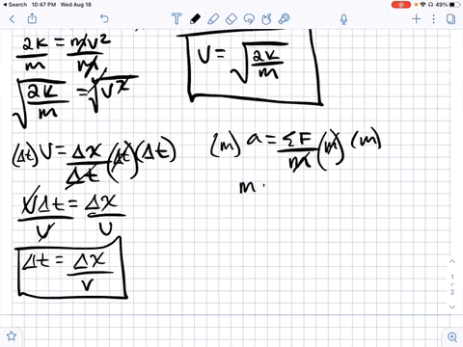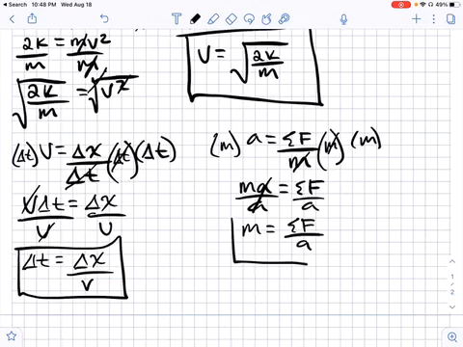If we rewrote it, it'd be ma equals the net force. And we're solving for m, so m is being multiplied by a. Let's do the opposite. Divide by a. That cancels. So our mass is equal to the net force divided by a. And now we have isolated mass.